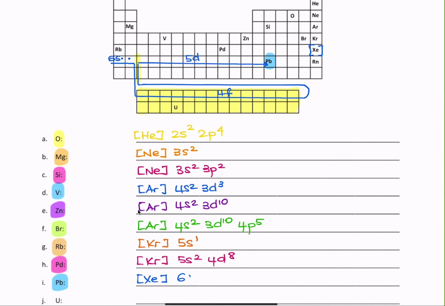2 in the 6s, 1, 2, 3, 4, 5, 6, 7, 8, 9, 10, 11, 12, 13, 14 in the 4f, 1, 2, 3, 4, 5, 6, 7, 8, 9, 10 in the 5d. And here is my 6p, 1, 2 in the 6p.